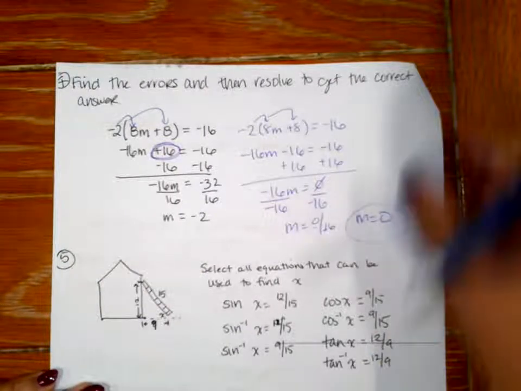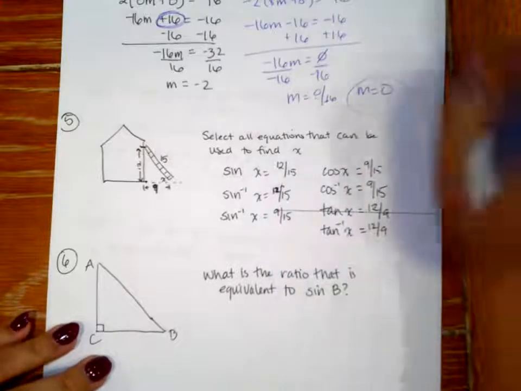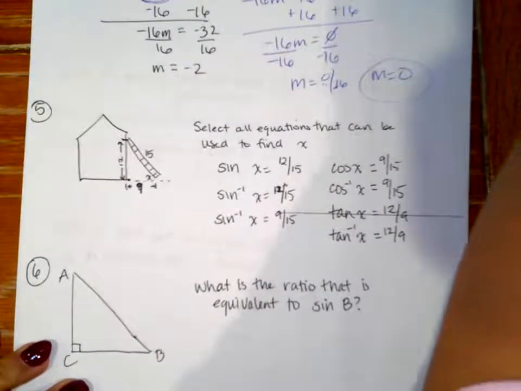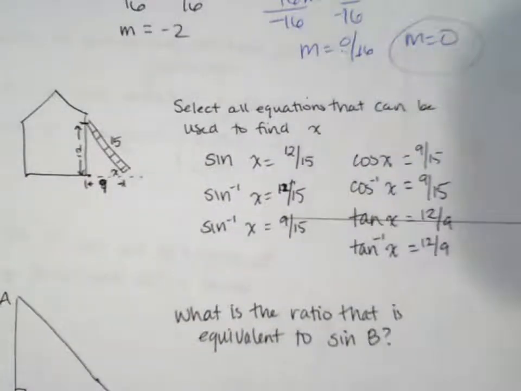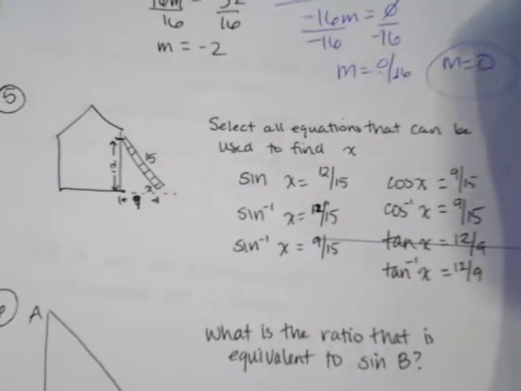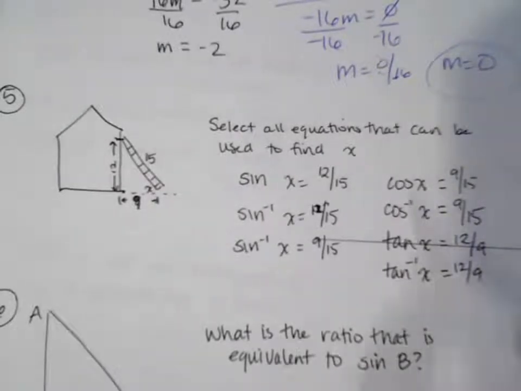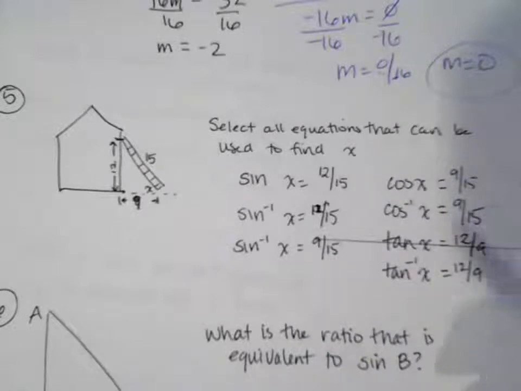All right, this guy right here. So there's a question like this on your exam tomorrow, and just to be aware of the way that they ask these questions, SBAC, it's sometimes a little tricky the way they ask questions. So this one says select all equations that can be used to find x.